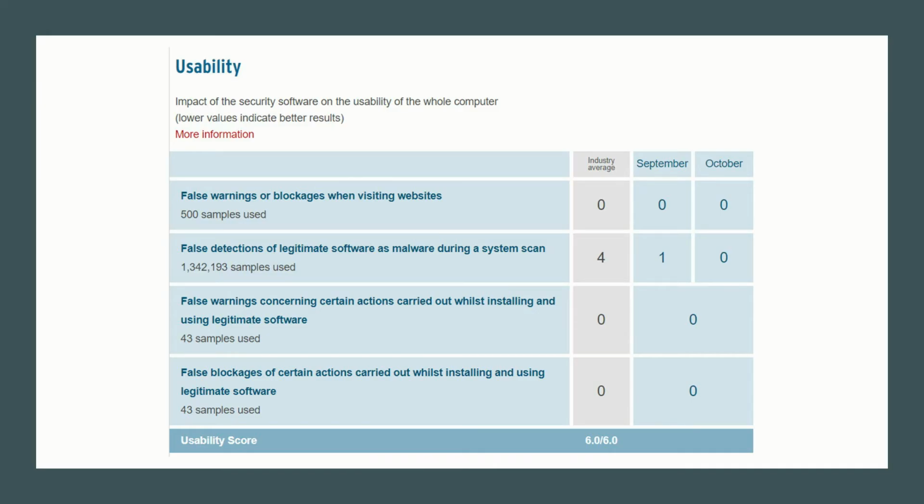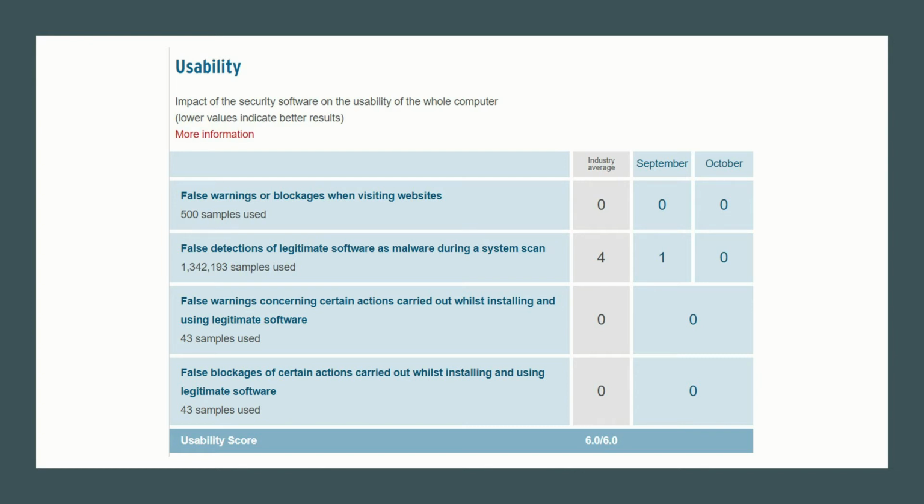This chart over here is a usability chart, and it references the amount of problems that people have had with their antivirus and how it's impacted the usability of their computer.